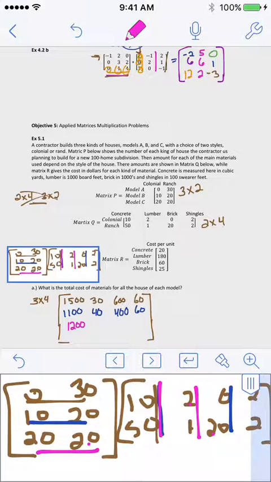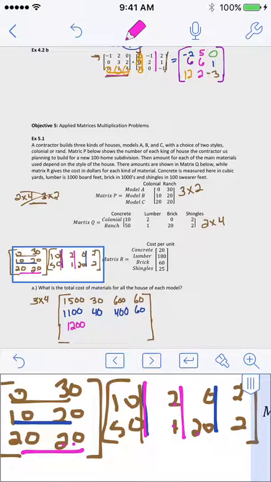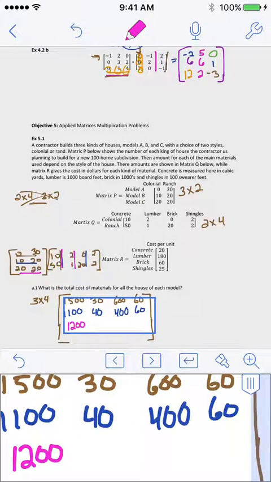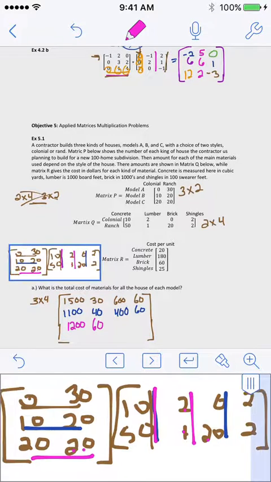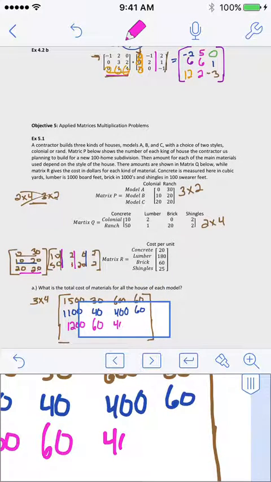Just kidding, plus 20 times 1, my apologies. Plus 20 times 1 would be 40, plus 20 would be 60. All right, then we've got 20 times 0, which is 0, plus 20 times 20 gives us 400.